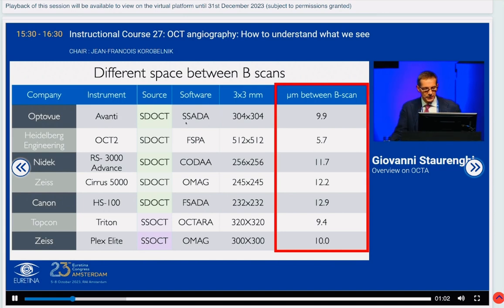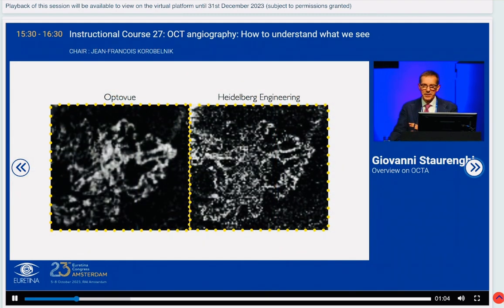Why is this important? These are the same patient taken with two different instruments on the same day. If you look at the vessels, the size of the vessels is completely different, and of course also the space between vessels is different. Why does this happen?